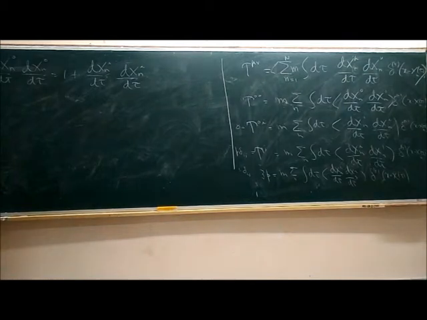This just says that dx mu d tau squared is the proper time, d tau squared. Is this relation familiar? dx mu d tau is minus 1.